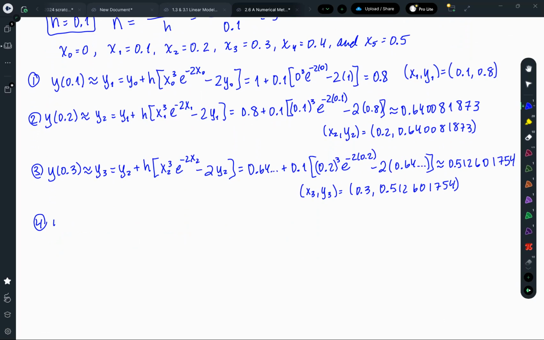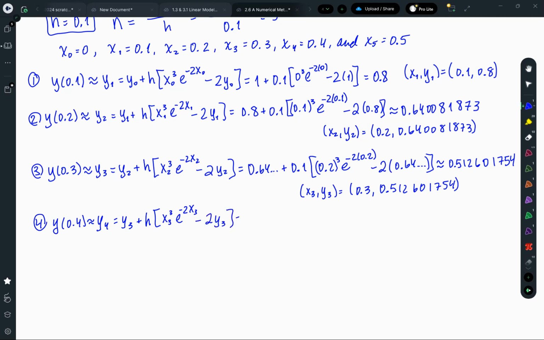Okay, a couple more steps, that's it. 4, we're calculating y of 0.4. It's approximately y4, which is equal to y3 plus h times x3 cubed e to the minus 2x3 minus 2y3.